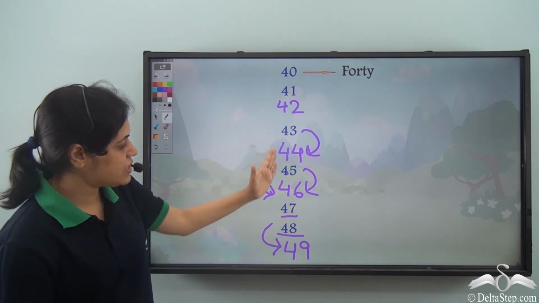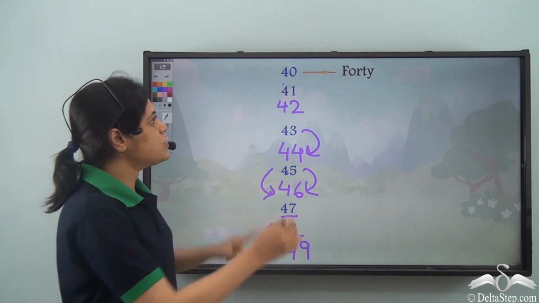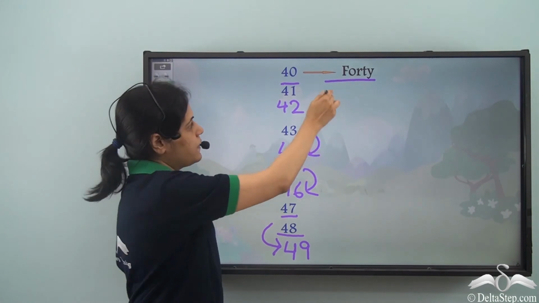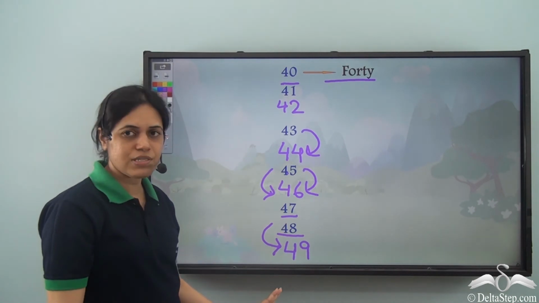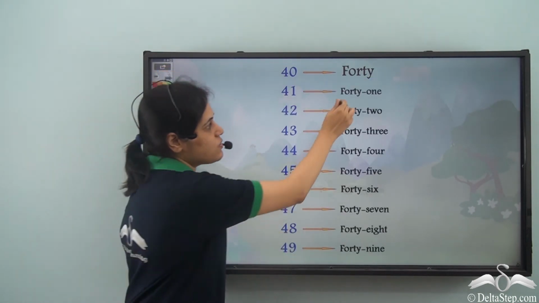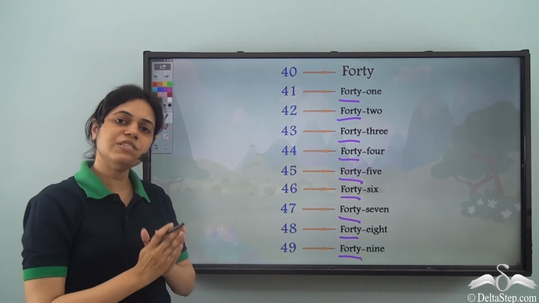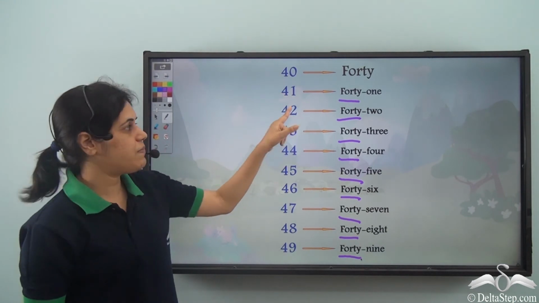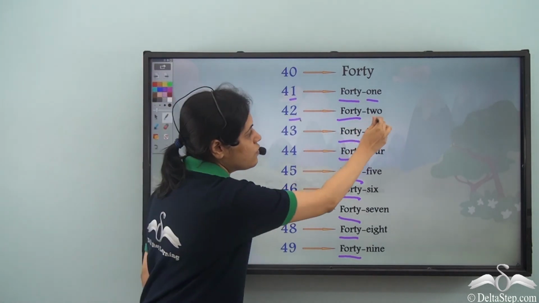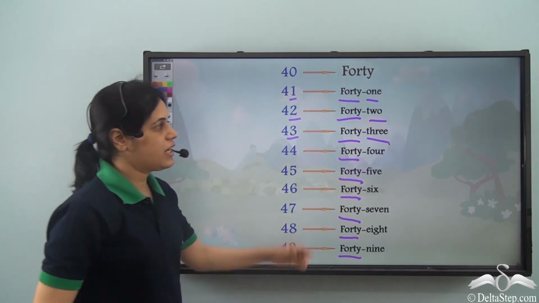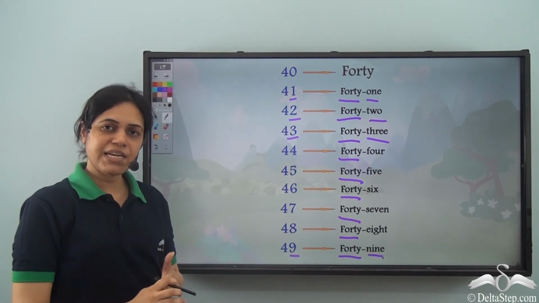So we have these numbers, and what are their number names? Well, because 40 is FORTY, the first part of the number names will be FORTY for all these numbers. The first part of the number names is FORTY, and the second part depends on what we have in the second place. 41, 42, 43 and so on till 49, right?